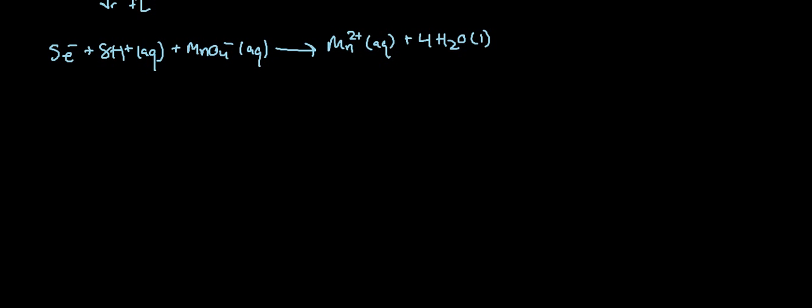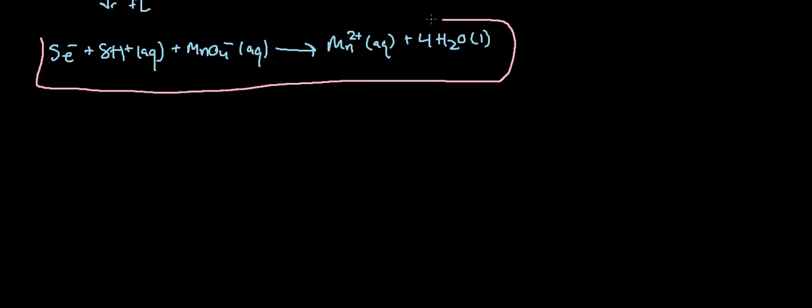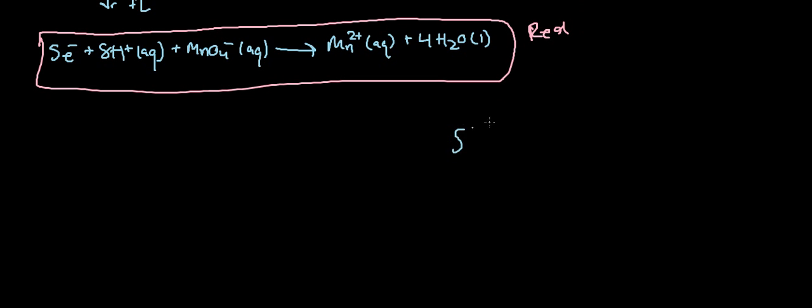So let me just circle this so I know that this is not my final answer, but that I know that this is my half. I'll just make a note. This was the reduction part.